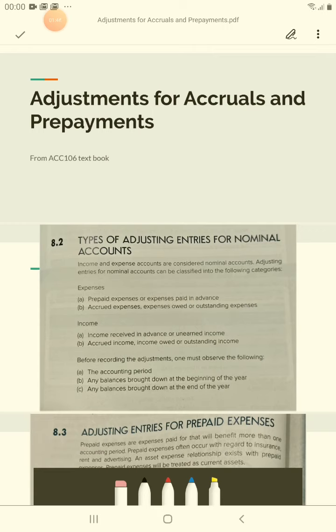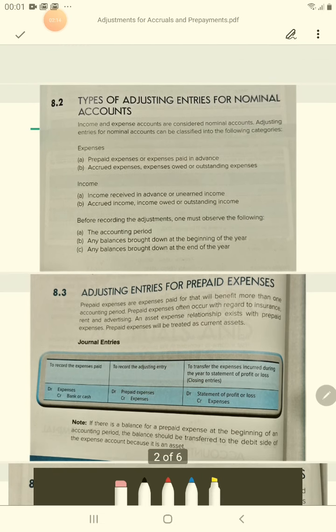Under the accrual concept, we have to record any transaction within the accounting period. Therefore, for prepayment, we have to exclude those transactions and record them as current assets. For prepaid expenses, it is a current asset.